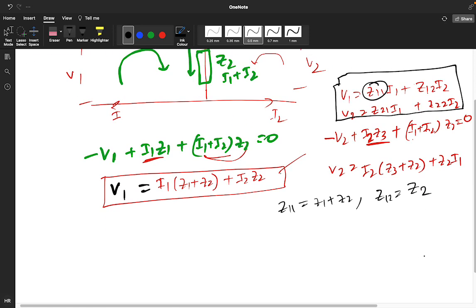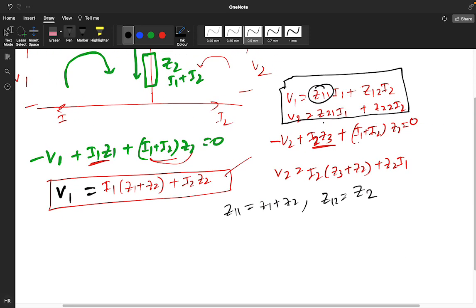Okay? And if you compare this value with this equation, where is I1? I1 is here. Okay, so Z21 value is what? Z21 value is Z2. And what is the value of Z22? It's Z3 plus Z2.